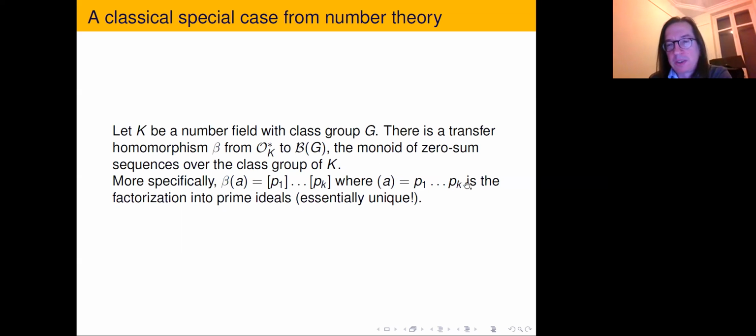And what's crucial here is that this factorization into prime ideals is classically known to be essentially unique, unique up to ordering of the terms. So that's actually well defined.